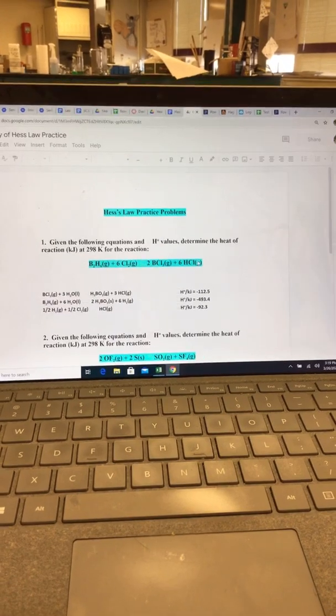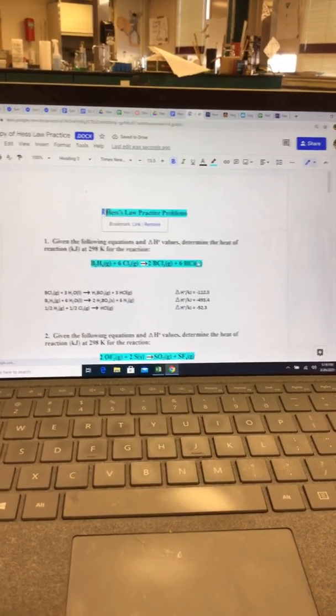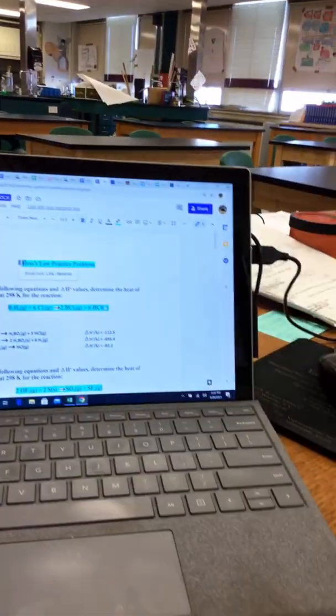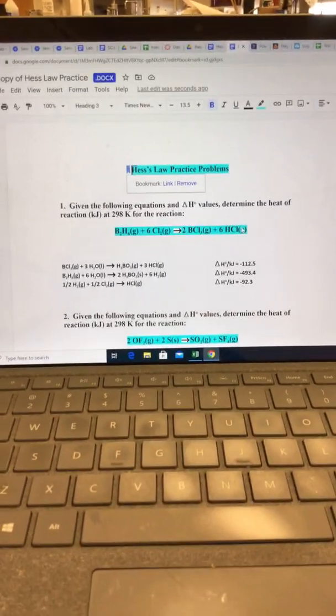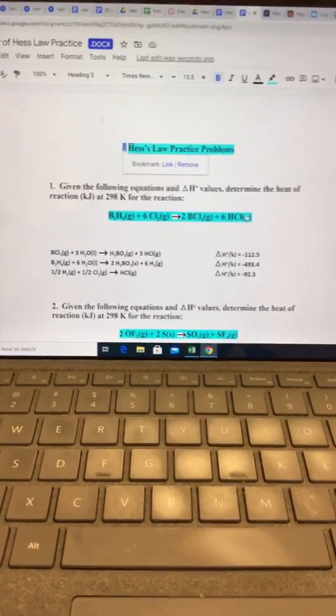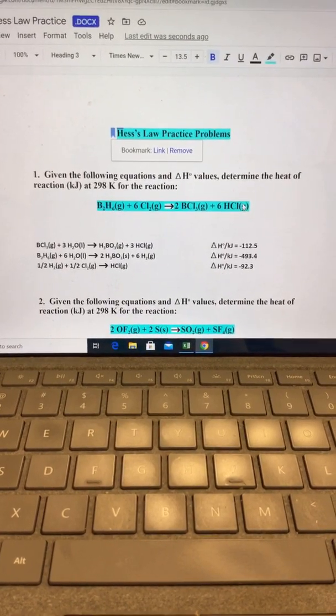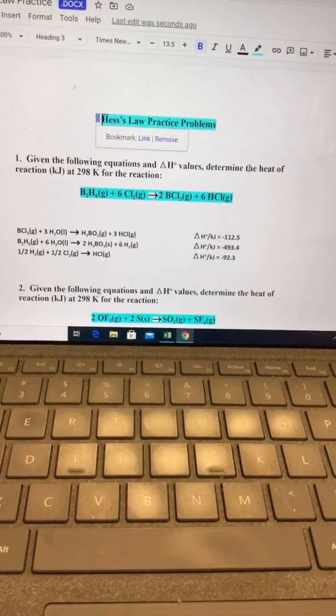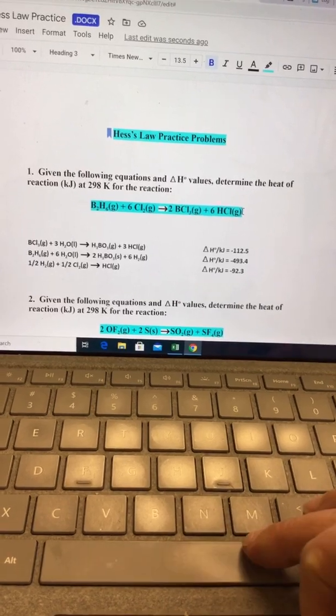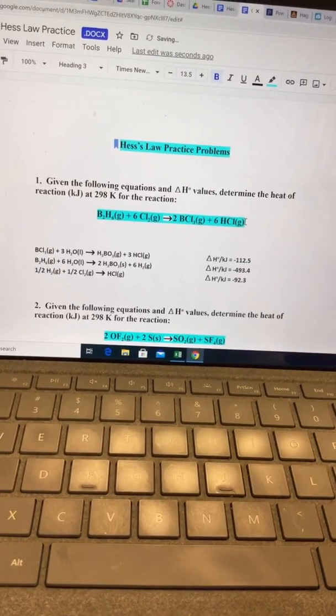These problems are really best for you to do with the use of a whiteboard. Here is my whiteboard. It's in my lap. I'm going to be writing some things on it as we work through these problems. Now, all of your homework part can be done on your whiteboard. And then what you will record will be the official enthalpy.